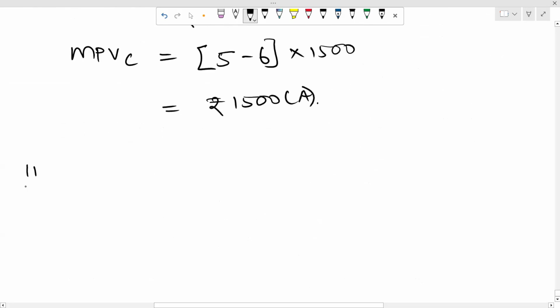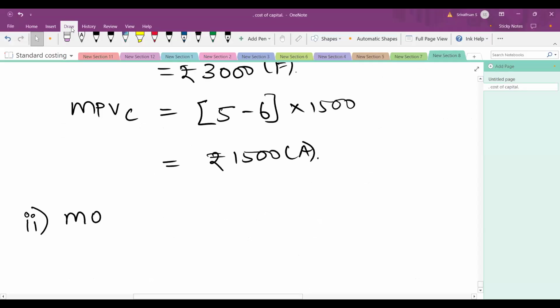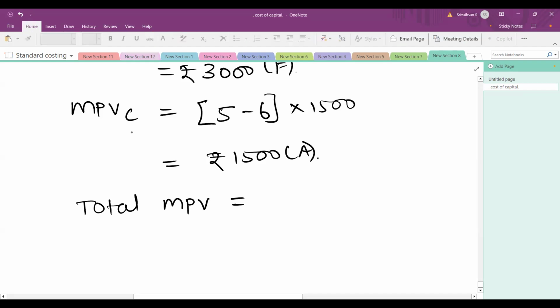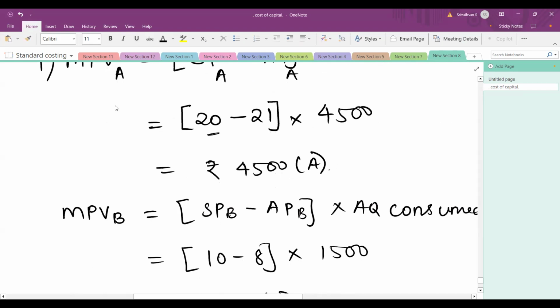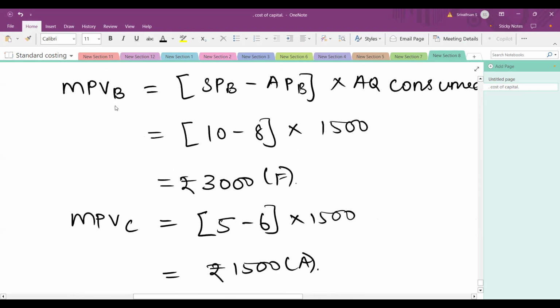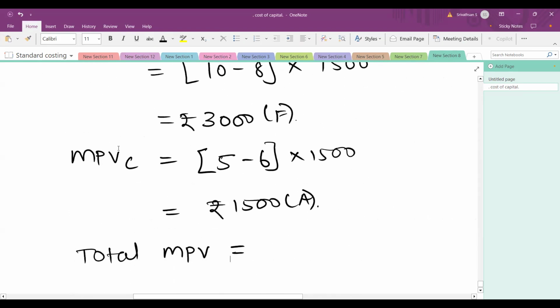So second requirement of the question, material, but before that, let's write the total price variance. So total material price variance is equal to 4,500 adverse, 3,000 favorable and 1,500 adverse.